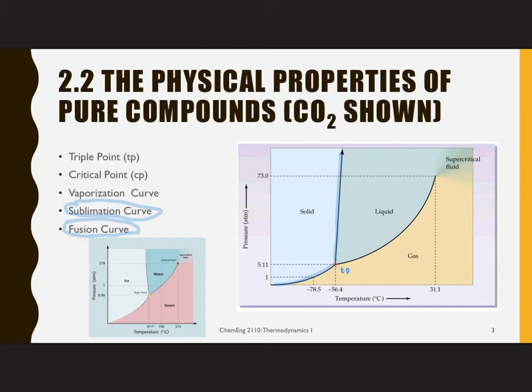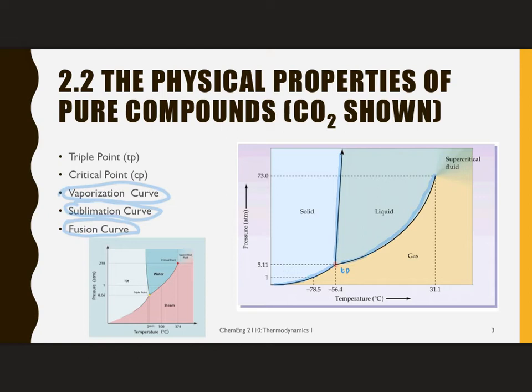The one we're probably most concerned with in our everyday life is vaporization, and that is where liquids and gases are in equilibrium with each other. So a liquid vaporizes to become a gas, or a gas is going to condense to form that liquid.